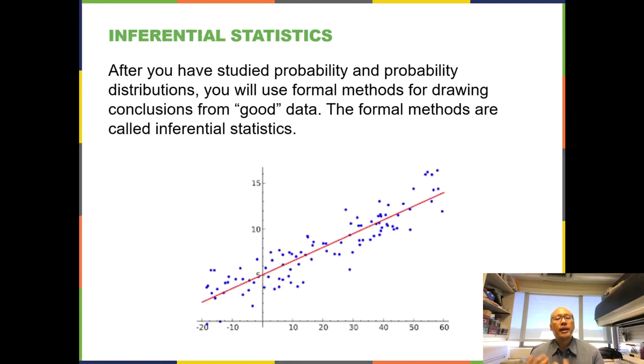Now, after collecting data, we can make inferences. So we can think about this particular plot. This is called a scatter plot with a regression line. It's something that we'll learn later on in a later chapter. But the dots would represent the data that you collect.